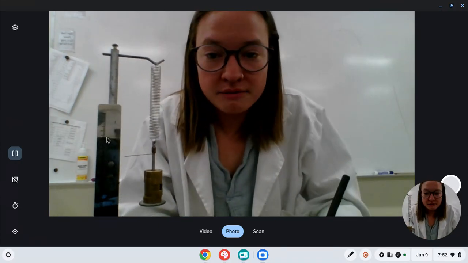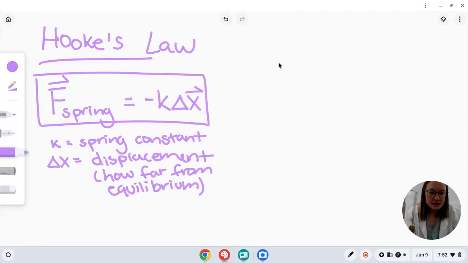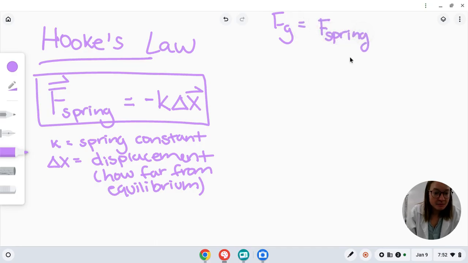That means, quick tip for your homework tonight, that if you had a vertical spring that's at rest, the weight of the masses on the end of the spring will be equal to the spring force that's holding them back up. That's a note for your homework.